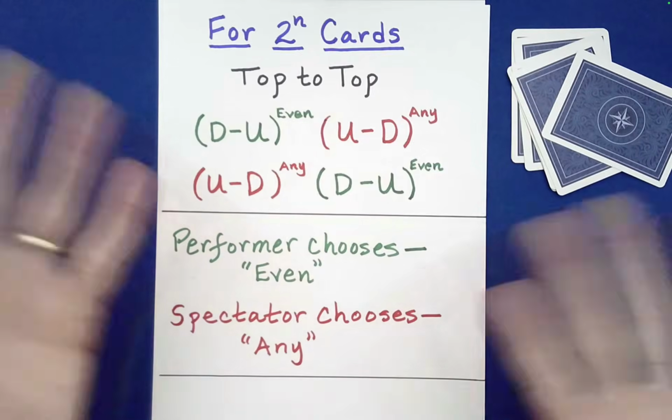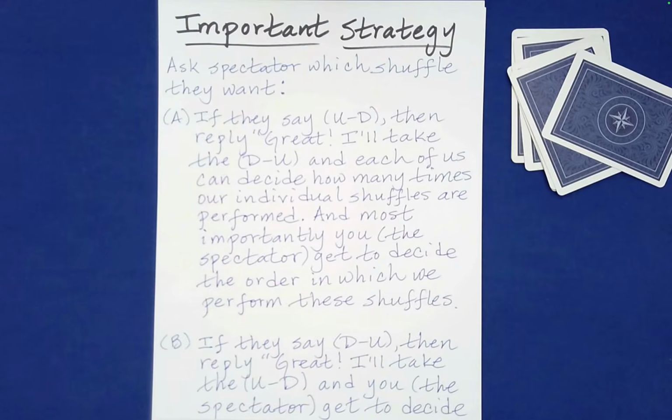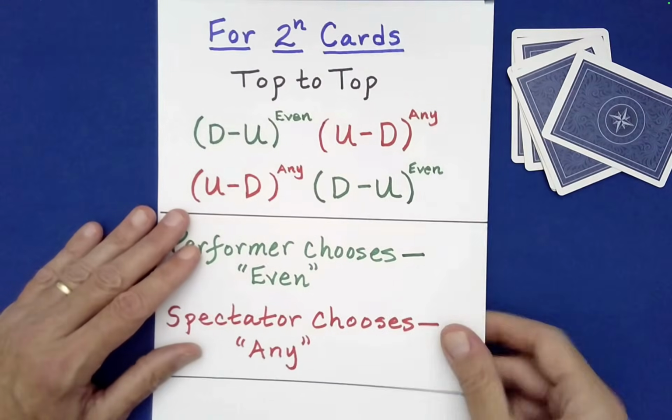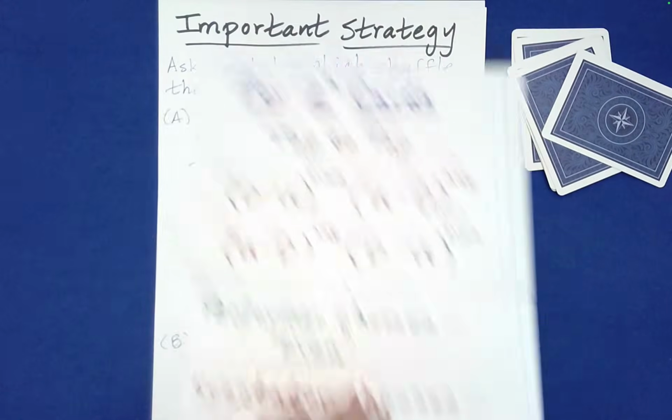That's the key, just like I did in the option A here. Okay, so maybe I'll just say twice. Okay, and then they can choose to have me do this under down as many times as they like. And as we saw here, it doesn't make any difference for the under down. It can be any number of applications of that shuffle.